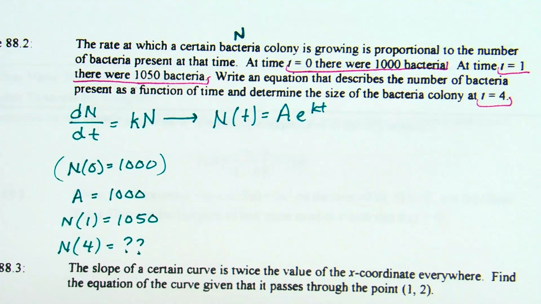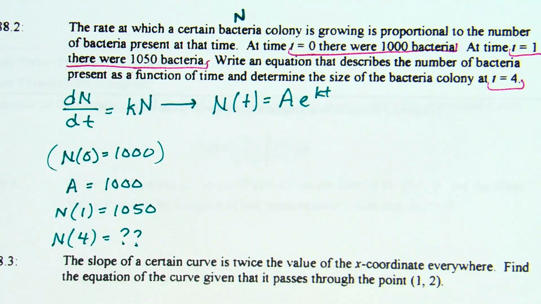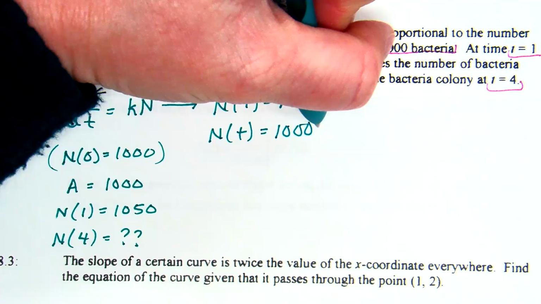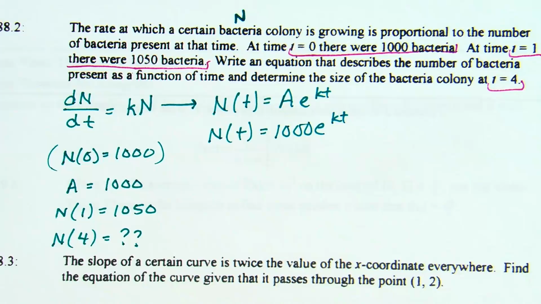So if we are using the equation form, N of t equals A e to the kt, we already know A, yes? So we already know N of t is 1,000 times e to the kt. Before this is a working equation, what do we have to do? We have to find k. What information can I put in to help me find k?